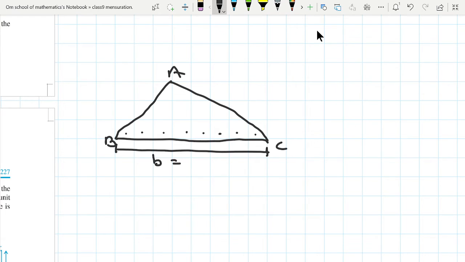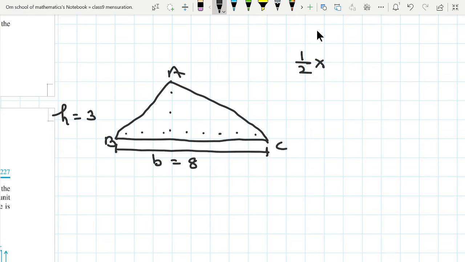So the base is 8. And what is the height? Height is 3 units. So if you find the area using this graph, half into base into corresponding height, then it will be 12 square units.